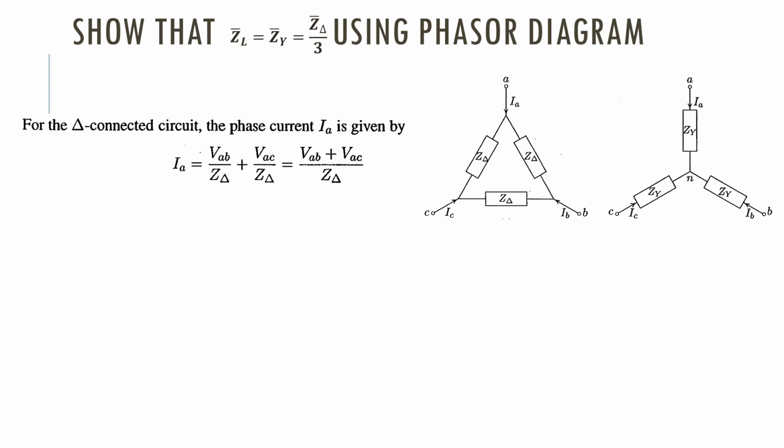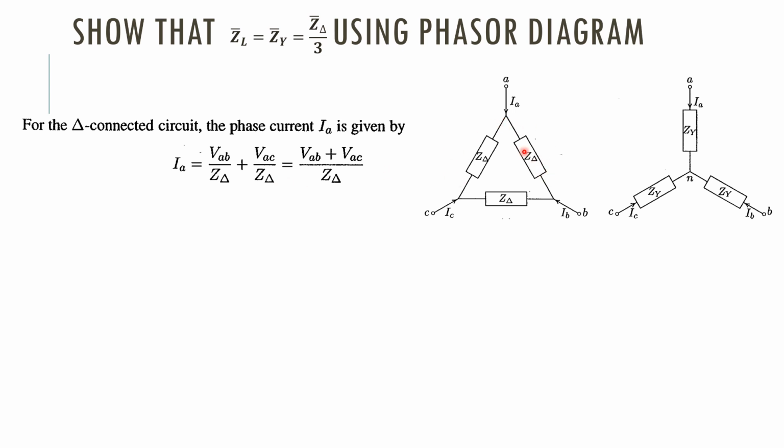First, you know that we can write an equation in the delta connected load at the terminal A. At the terminal A, the current entering through that terminal is IA, that passes through these two impedances, so that is equal to VAB over Z delta.